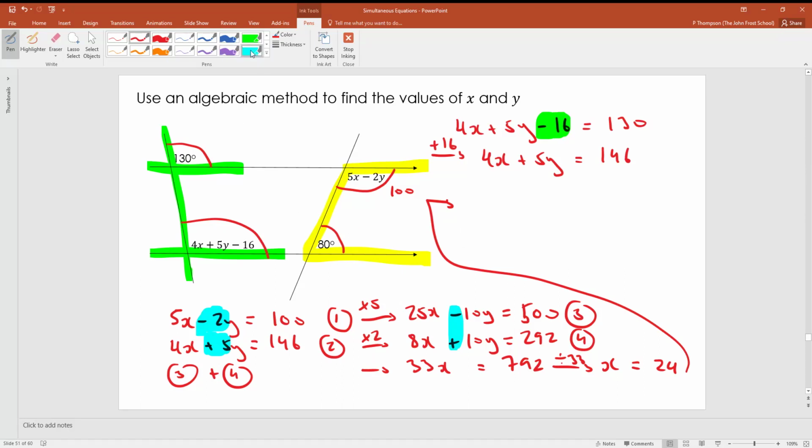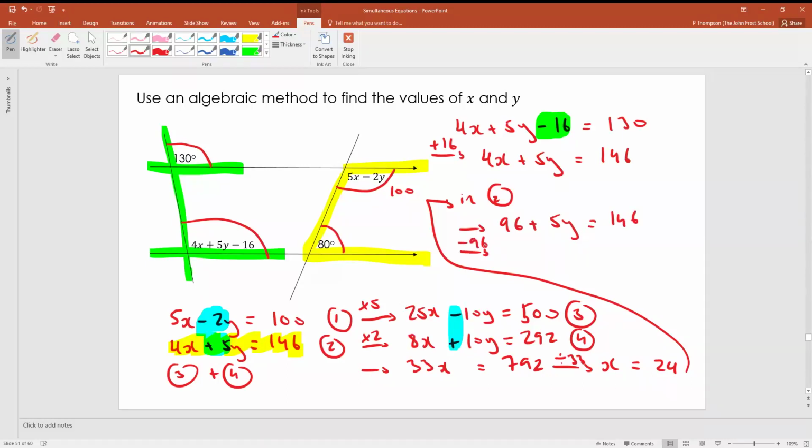So again, I think I will put this into equation 2 because I don't like negative numbers really. All right. So I'm going to put it into equation 2 again. Now remember, okay, equation 2 is here. 4x means 4 times x. So 4 times 24 is 96. Plus 5y is 146.